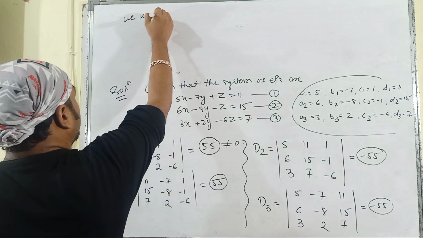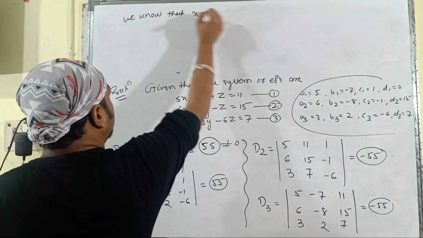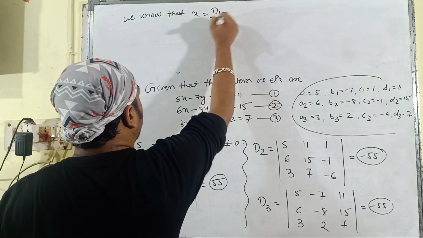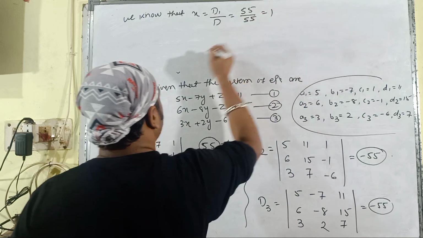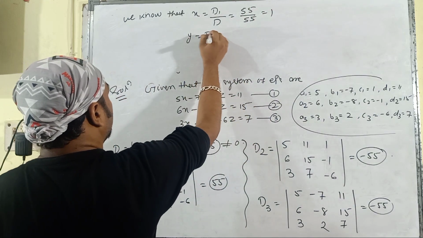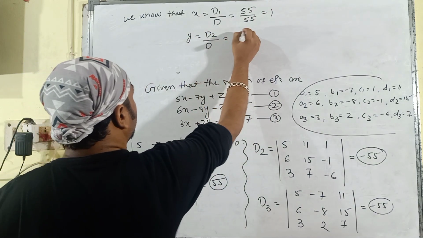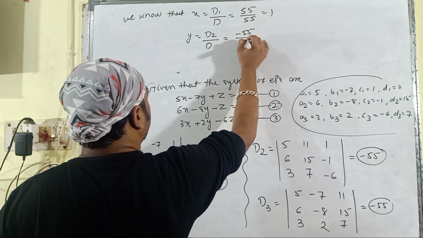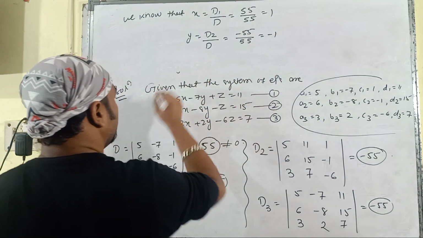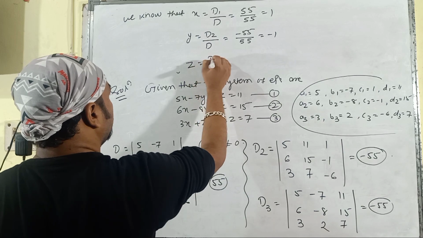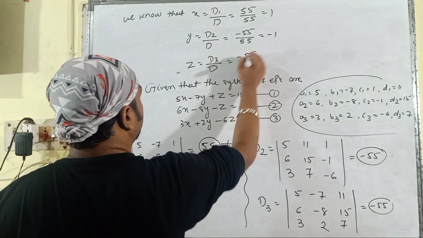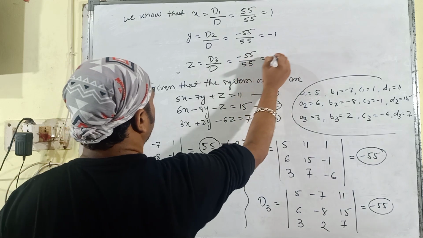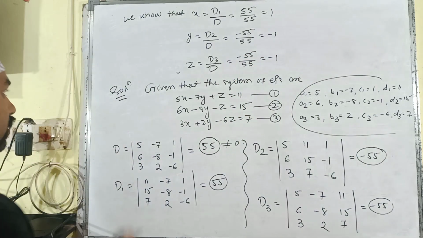We know that x is equal to d1 divided by d, that means 55 divided by 55, which is 1. y is equal to d2 divided by d, minus 55 divided by 55, which is equal to minus 1. Then z is equal to d3 divided by d, it is minus 55 divided by 55, which is equal to minus 1.